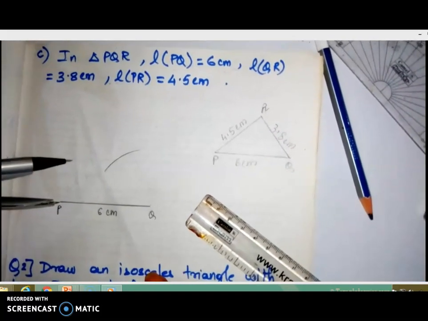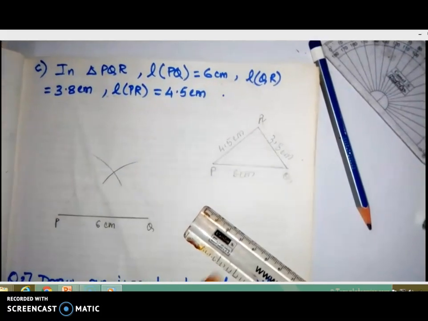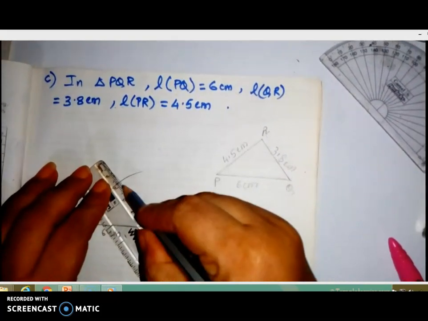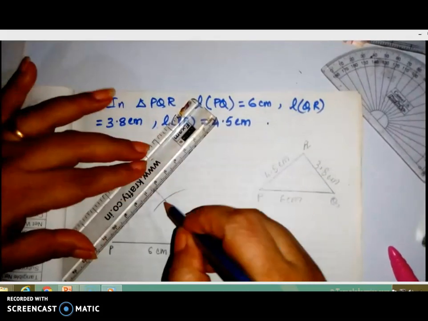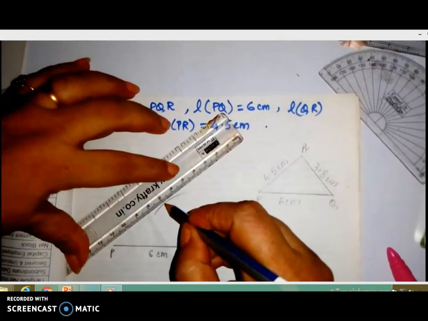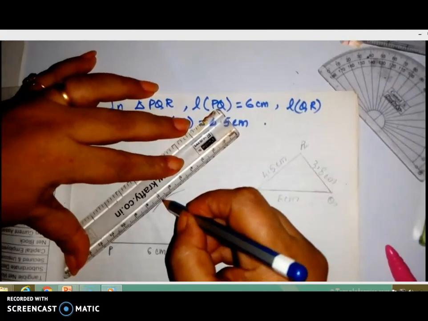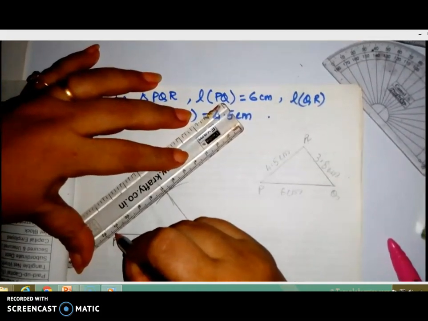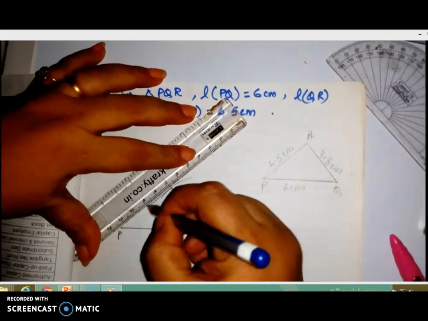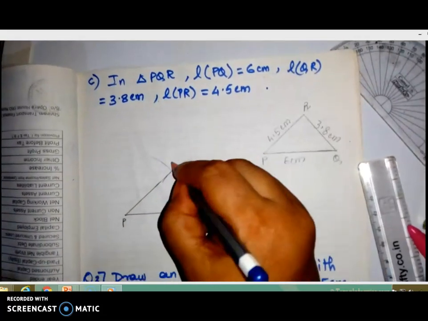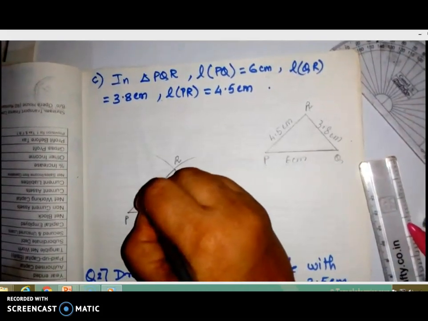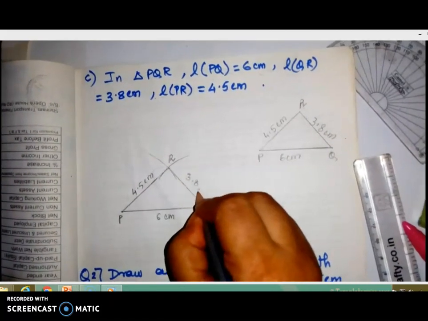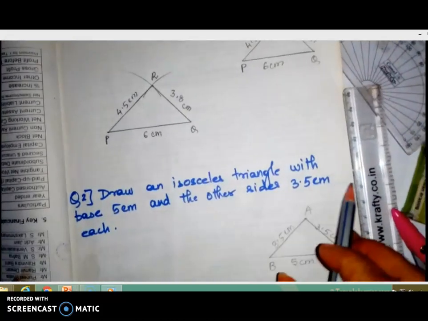Keep it at P. Now join this. And name this as R. This is 4.5 centimeter and this one is 3.8 centimeter.